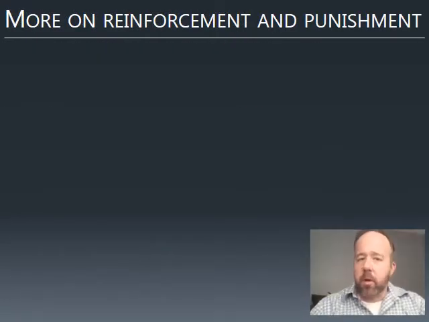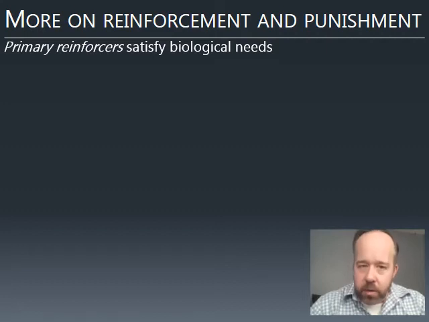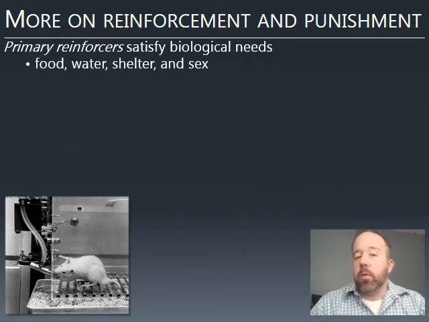So Skinner actually learned a great deal about reinforcement and punishment. And one of the things that he learned is the distinction between primary reinforcers and secondary reinforcers. Primary reinforcers are those things that actually satisfy biological needs. So things like food, water, shelter, sex.